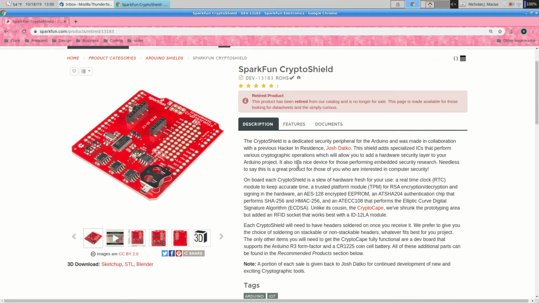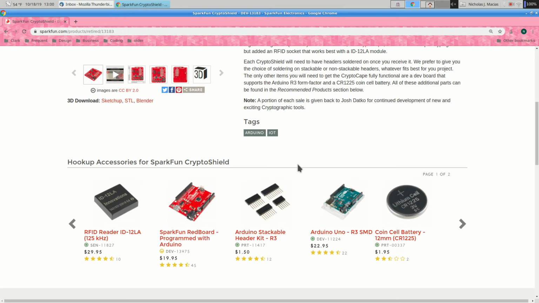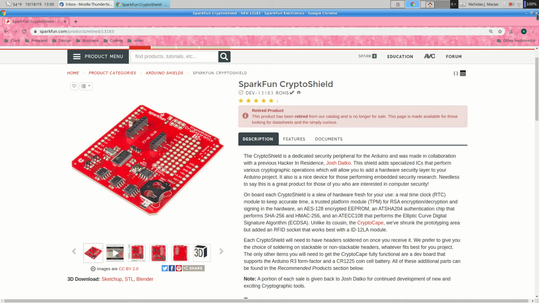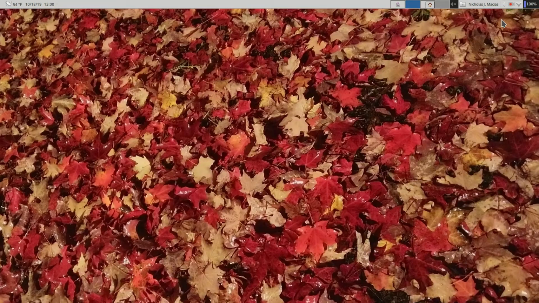Oh, this isn't the one. Anyway, they have a crypto shield for $5 on their website. It's one of this week's specials. And it saves certificates and public-private keys and all sorts of stuff. Anyway, it's in their mailer. There's tons of hardware out there and software that like feeds into all the stuff that we're talking about in here and in the 224, 22, 23 sequence.